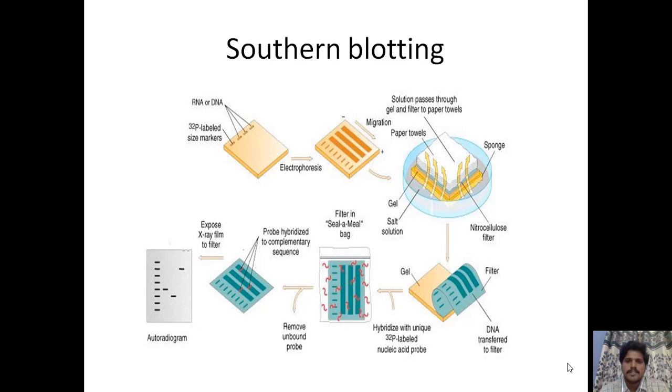Now Southern blotting. What is this Southern blotting? It's nothing but immobilization through capillary action onto the nylon membrane or nitrocellulose membrane. Paper towels are placed at the top so that it encourages capillary action, and in this span of capillary action, the fragments of the DNA get attached to the nylon membrane.